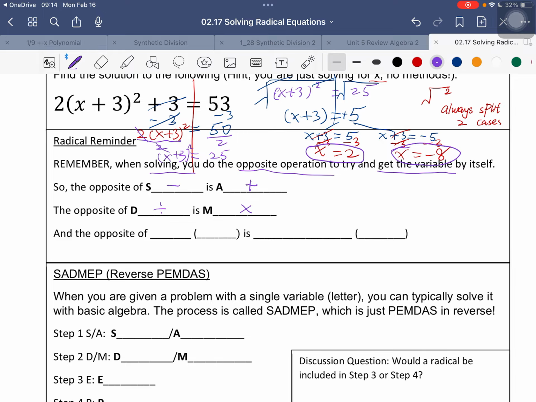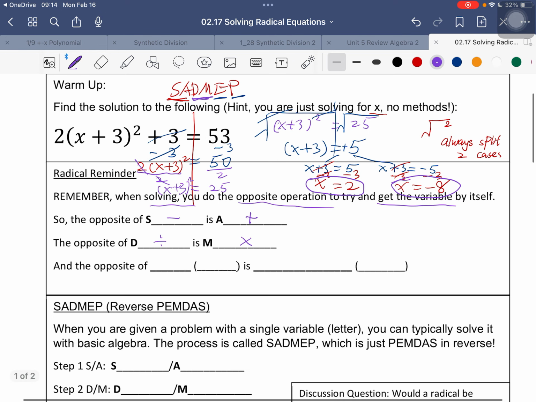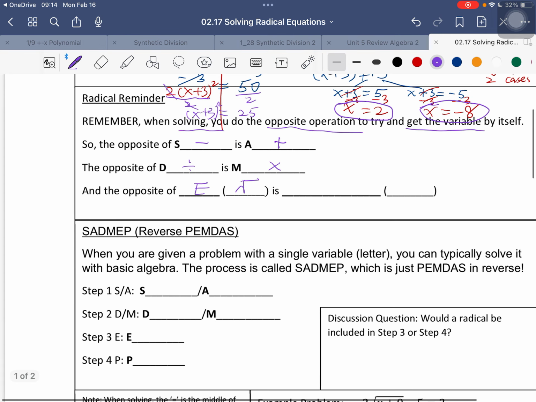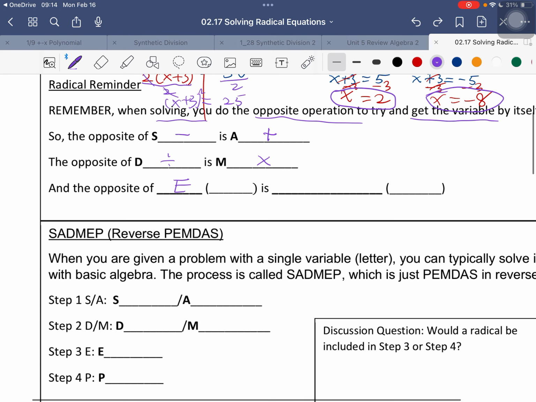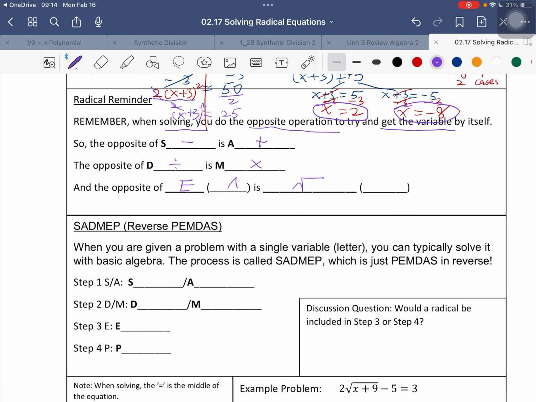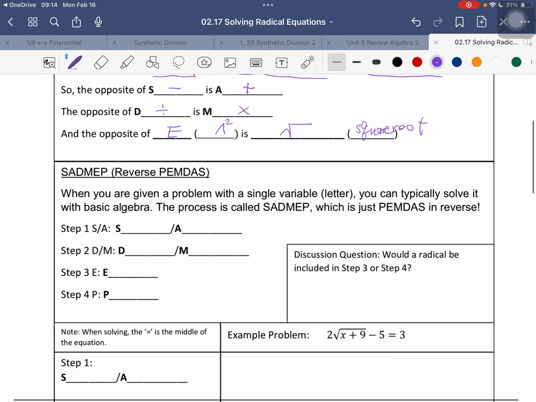And the opposite of E, exponent, is take the square root. So solving, always using SAMDEP or PEMDAS reverse.